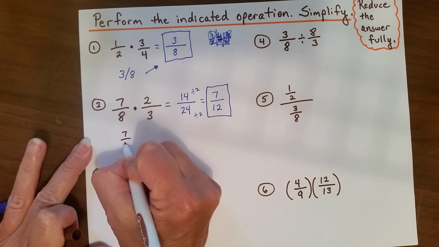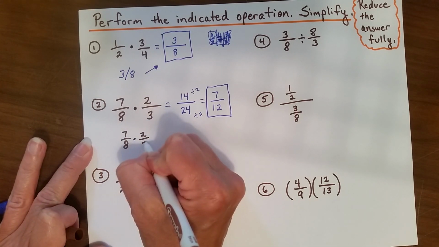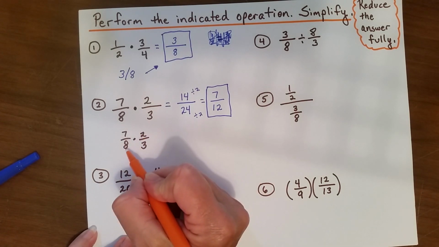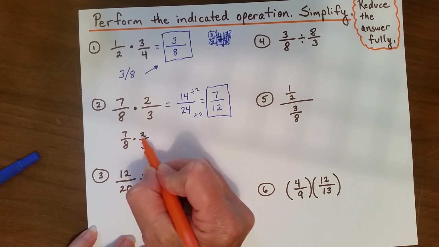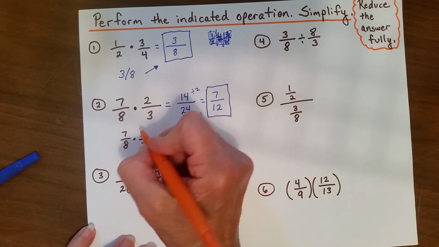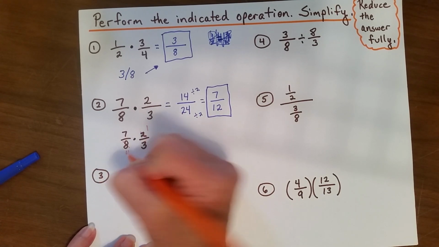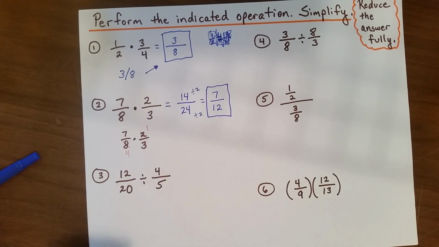We have 7/8 times 2/3. Okay, before I multiply, I notice that I have a 2 and an 8. 2 and 8 are both divisible by 2. 2 divided by 2 becomes a 1. 8 divided by 2 becomes a 4. Ooh, that's kind of hard to see.